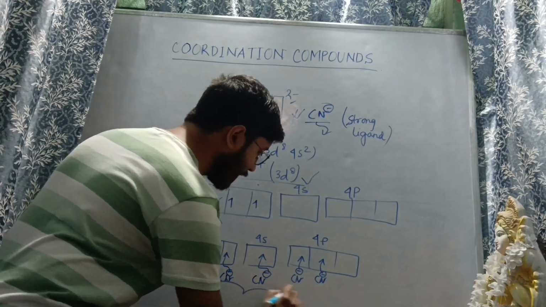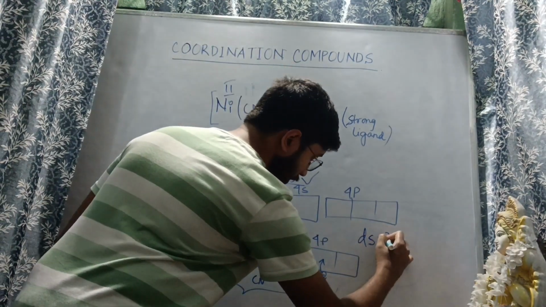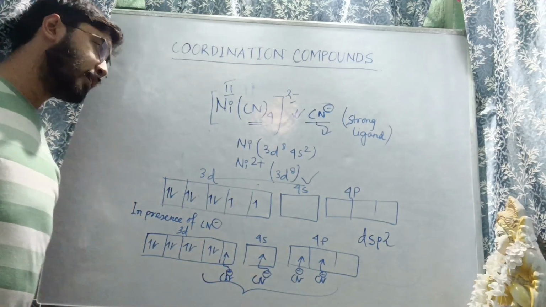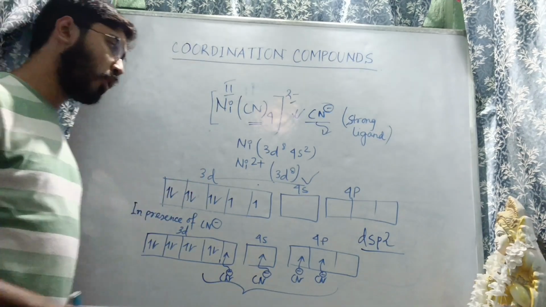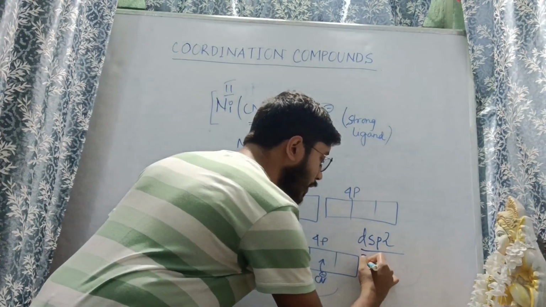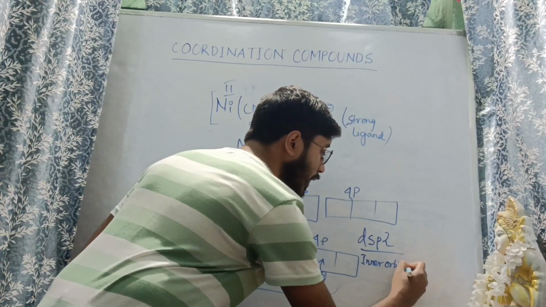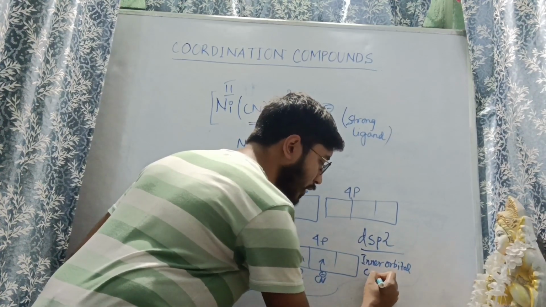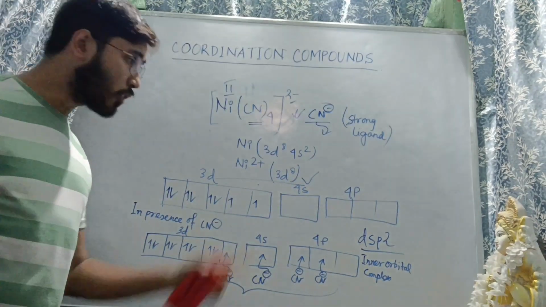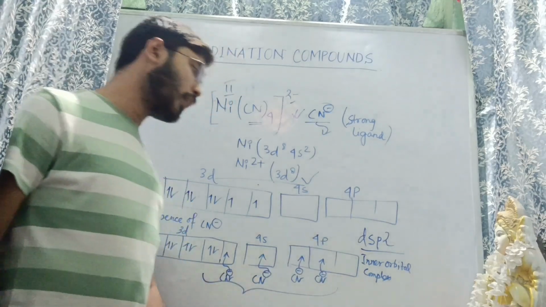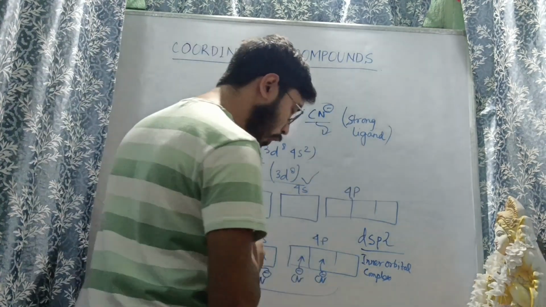So we see that the hybridization is dsp2, means here the inner d orbital is involved, means Ni(CN)4 is formed as an inner orbital complex. When the inner d orbital is involved in hybridization, then an inner orbital complex is formed. But when the outer d orbital is involved in hybridization, an outer orbital complex is formed.